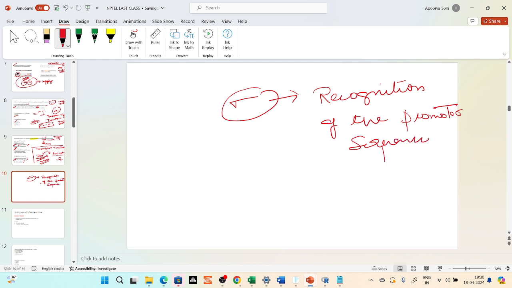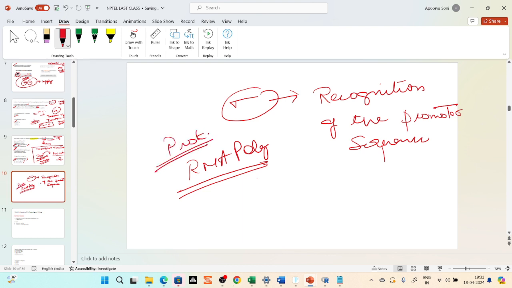So in RNA polymerase, when we talk about a prokaryotic RNA polymerase, we have two alpha subunits. Okay. Then we have beta and beta dash. This makes the core enzyme.